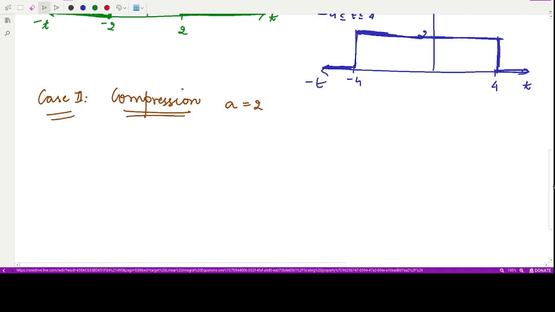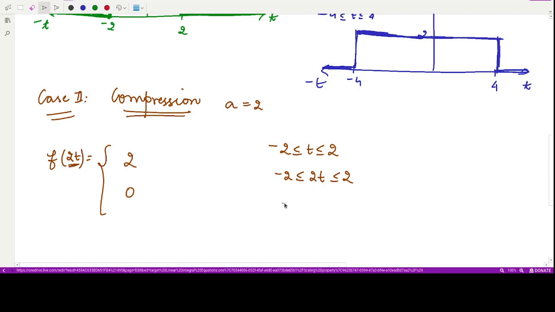Then your function would become f of 2t. The function's values 2 and 0 would be the same, but now the interval would change. Earlier the interval was between the points -2 to 2. Now within the same limits, instead of t, we are now having 2t. So it would be -2 to 2, the value is 2t.